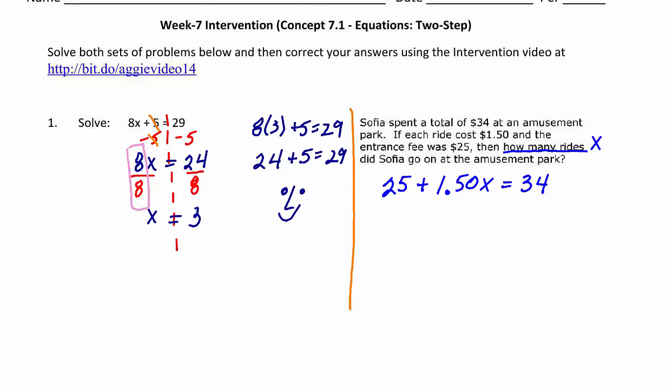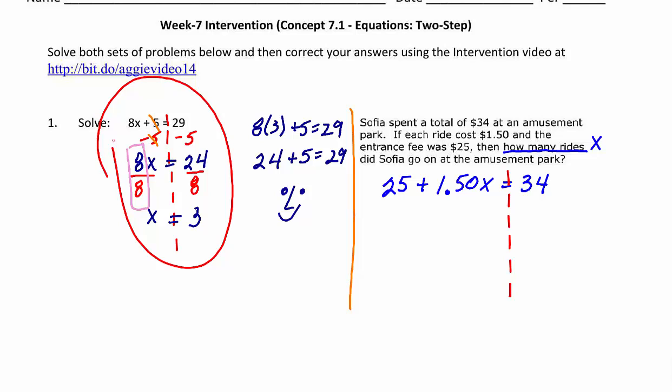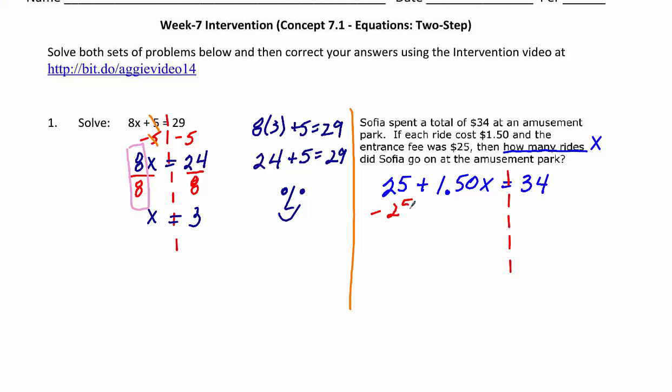So once we have our equation, we're going to treat it just like we treated the equation over on this part. Notice now we're solving just like we solved that. So step 1 in that solving is subtract out this 25. We're trying to get down to how much money she spent on the rides.